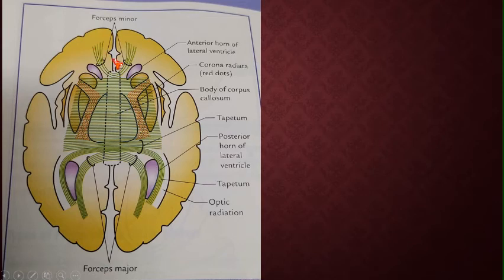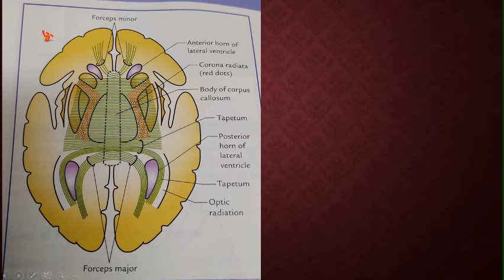Commissural fibers connect the right and left cerebral hemispheres. Association fibers connect the gyri within the same cerebral hemisphere with each other, whereas projection fibers connect the cerebral cortex to the basal ganglia and other parts of the brain.